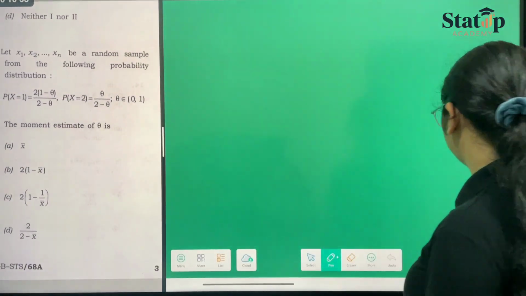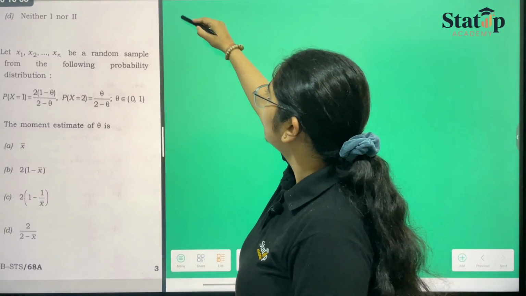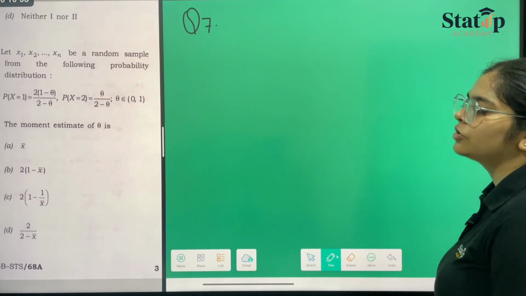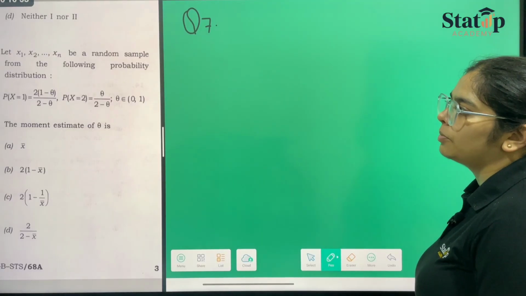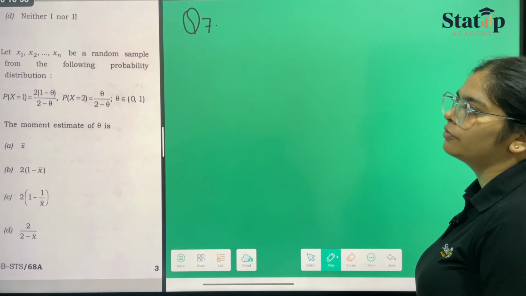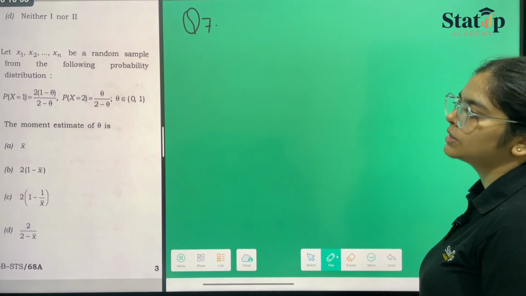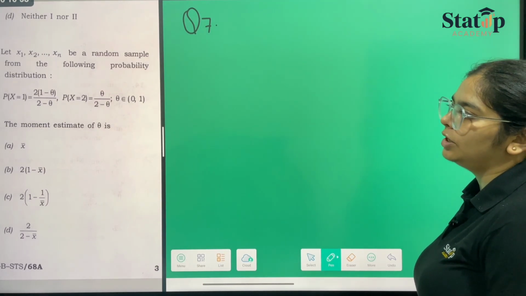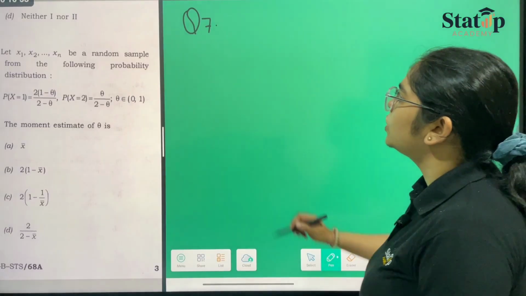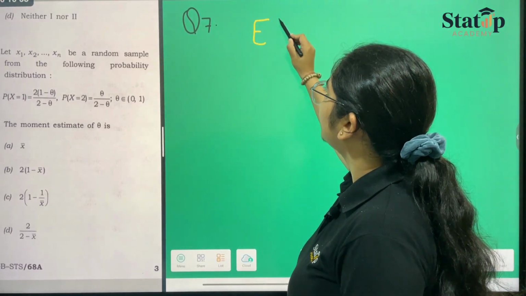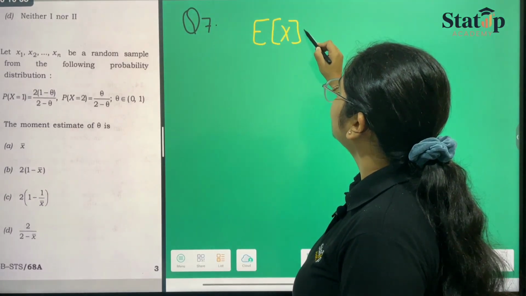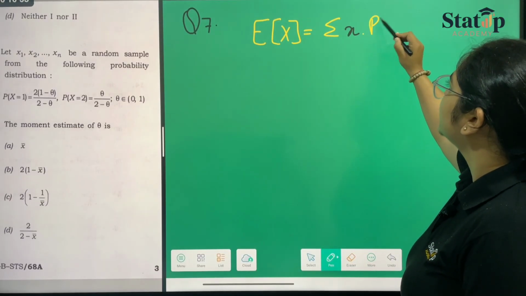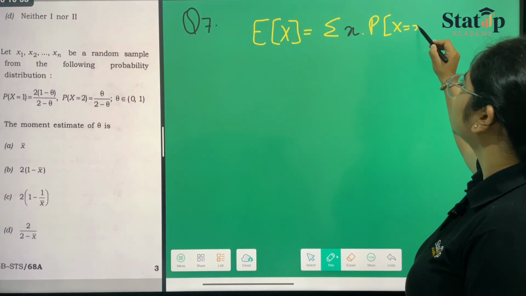Now moving forward to another question, which is question number 7. They have given the probability mass function of a discrete random variable, and they have asked us to calculate the moment estimate of theta. So first of all, we have to calculate the expectation of x. The formula is the summation over x of x into probability of x.